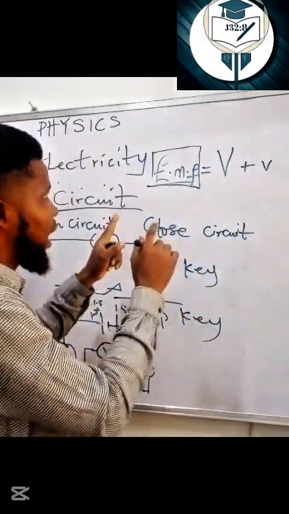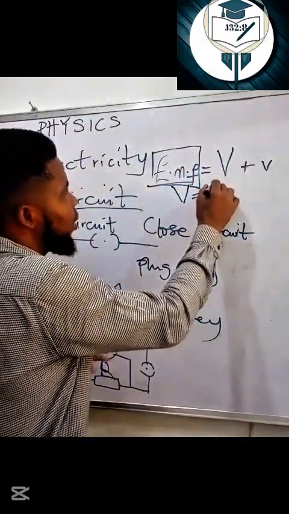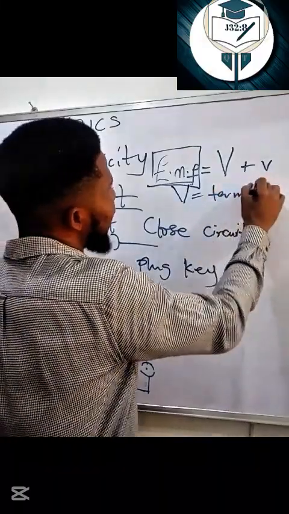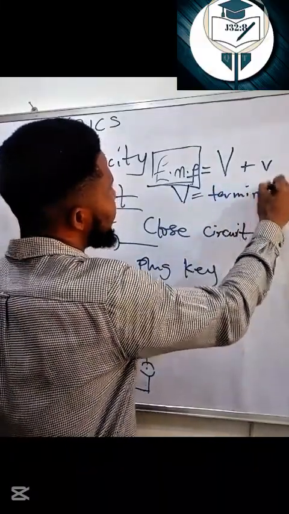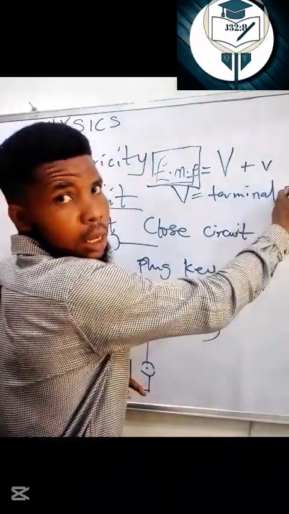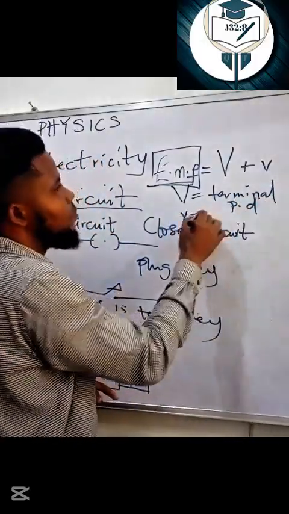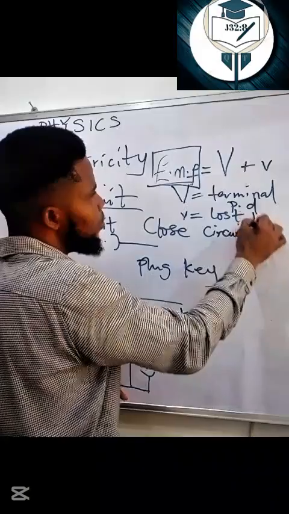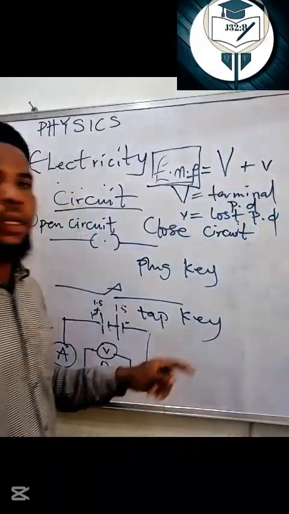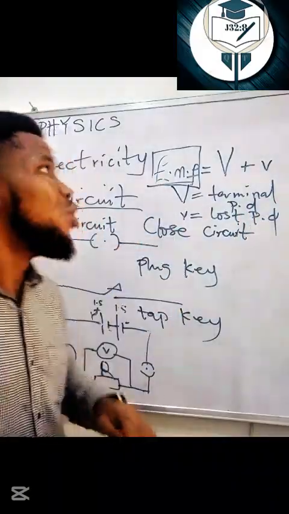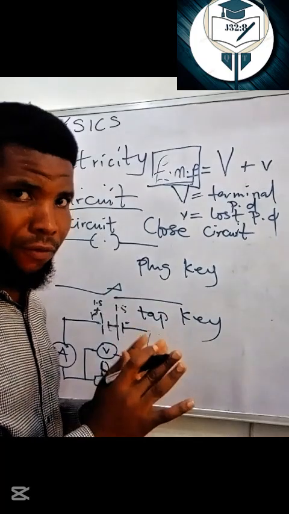Take note of all these words I've used now. So the capital letter is what? Terminal PD. I hope you can see that. Terminal PD. Then small letter is what? Loss PD. Then this one is the total energy. You already understand what this formula is made up of, right?